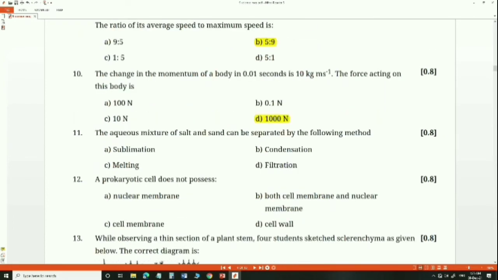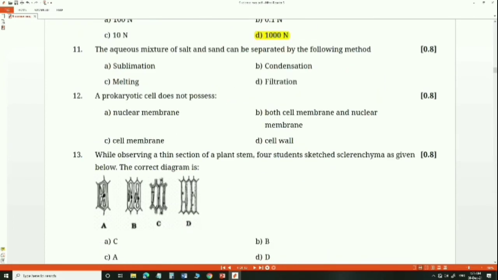Now move to the 11th question. The aqueous mixture of salt and sand can be separated by the following method. What is the right method? A. Sublimation. B. Condensation.